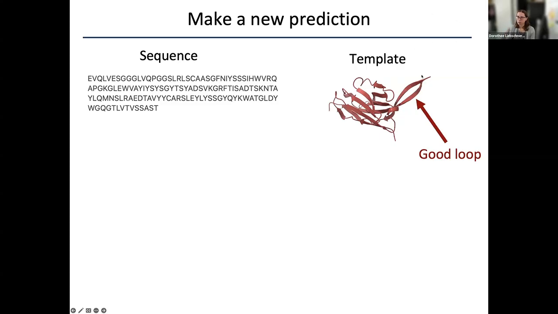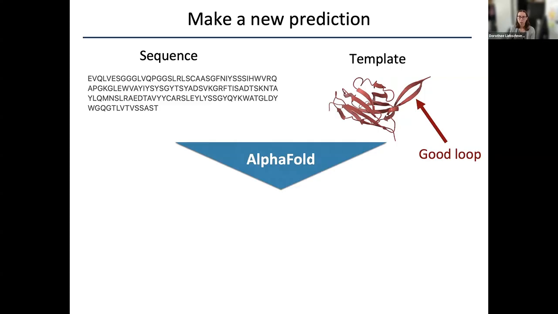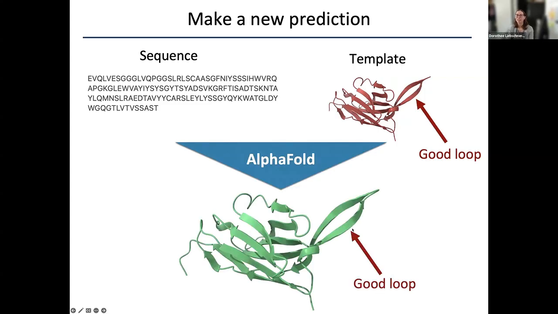In this template, in our working model, we have the good loop. And if we're lucky enough, this round of AlphaFold prediction will result in a model that also has a good loop. So sequence plus the template will result in a better prediction.